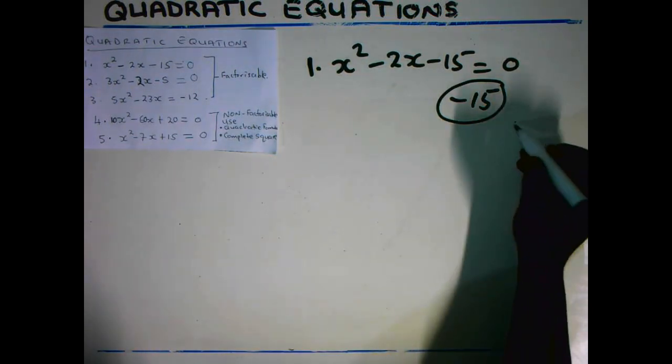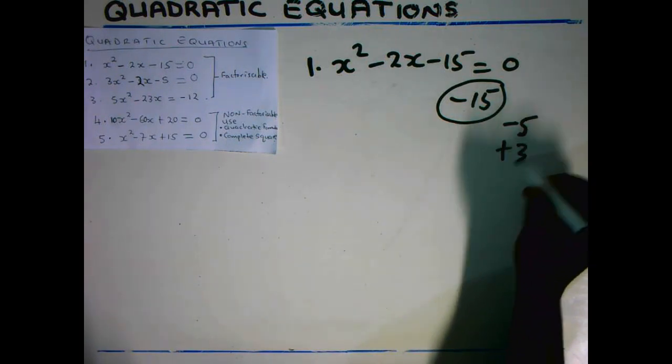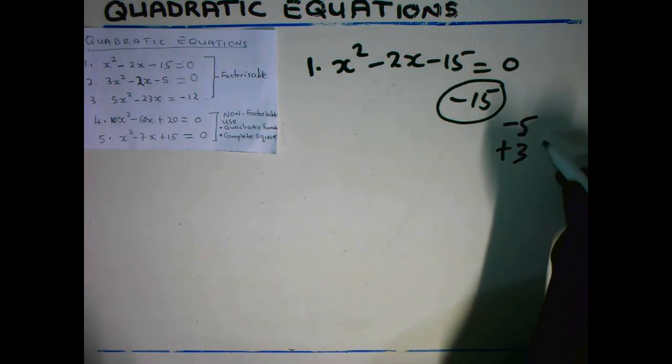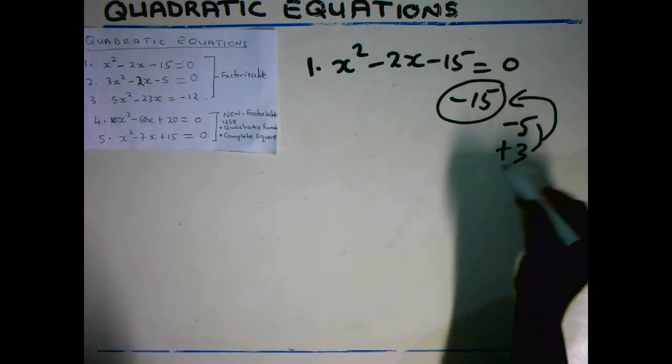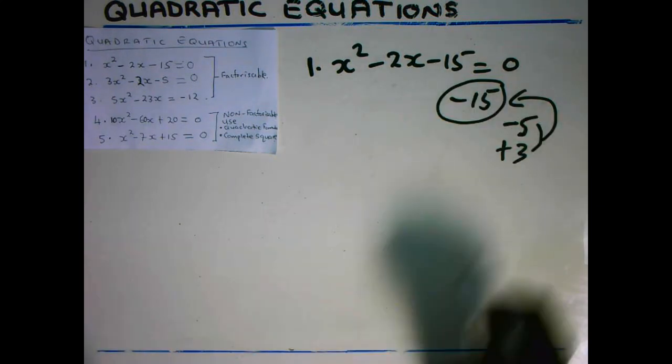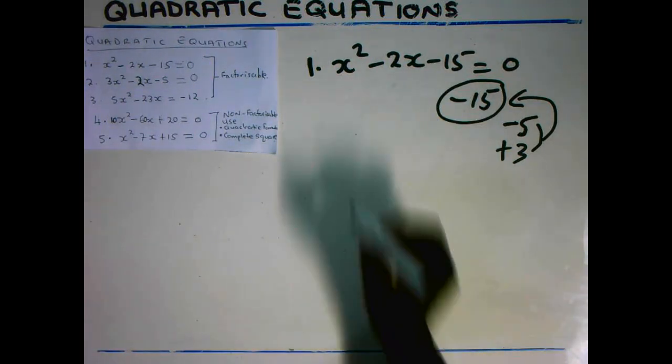And those factors I can easily think of: minus 5 and plus 3. Indeed, if you multiply these two, you get minus 15. If you add them, you will get minus 2.